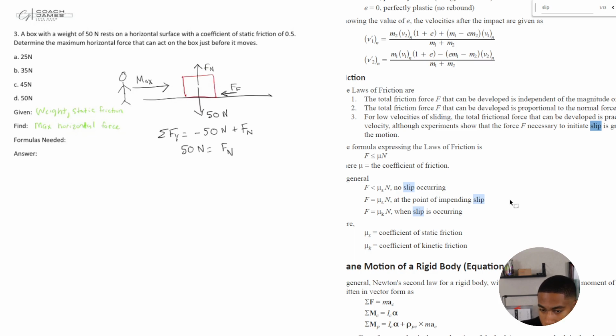All right, so now let's get the force of friction, because now I have the normal force. Anytime you're dealing with friction, you need the normal force.